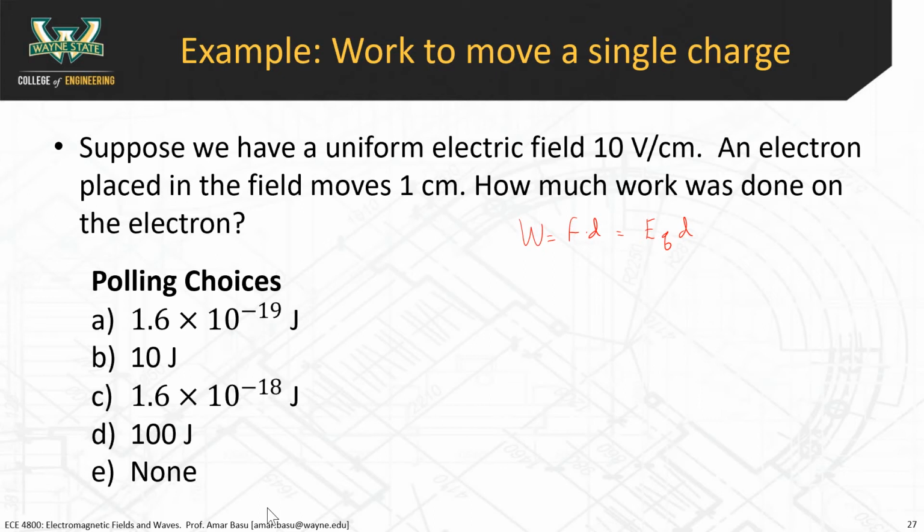Okay, we'll wait just a little bit longer here. Okay, so I see that 16 of you have given C as the answer, 4 of you have given B, and 2 of you have given A as the answer.